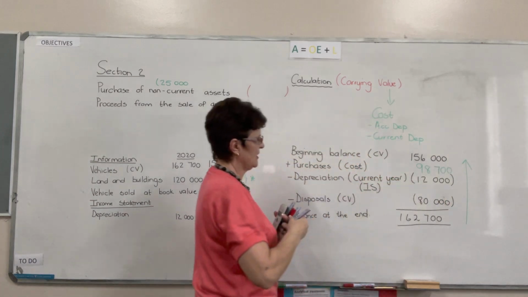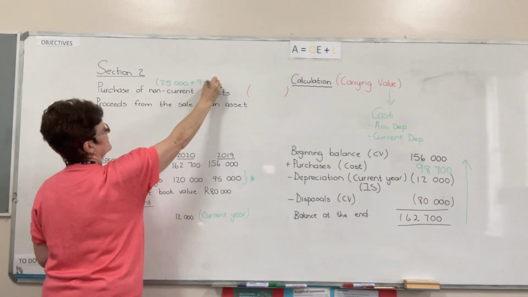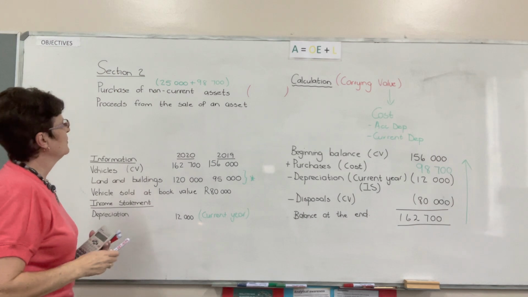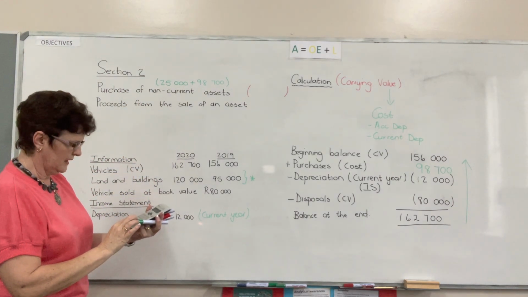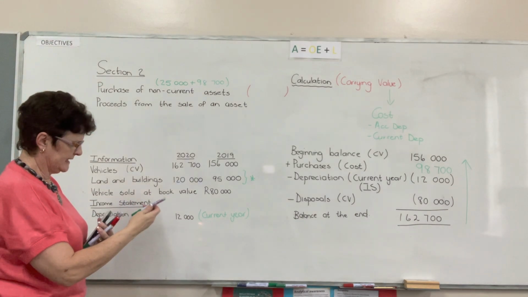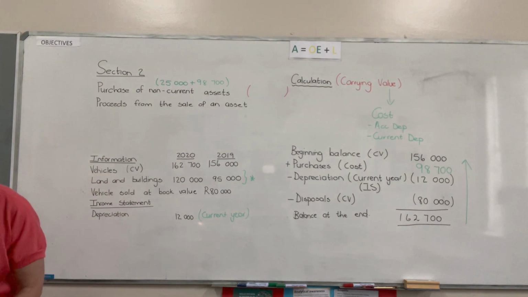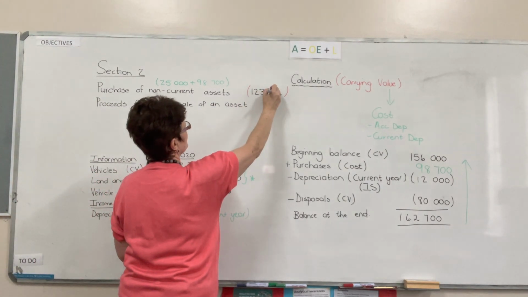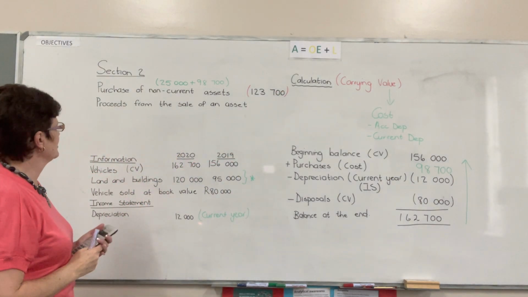So that is the amount that's going to be added to this one. And now we know the purchase of non-current assets all in all is 123,700. It's in a bracket because it was purchased, so it was an outflow of cash.